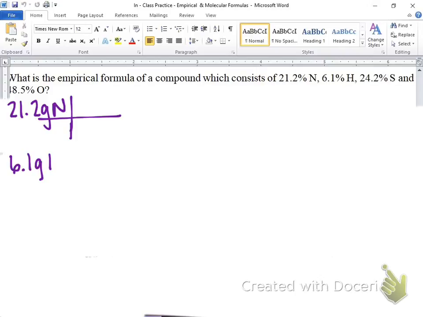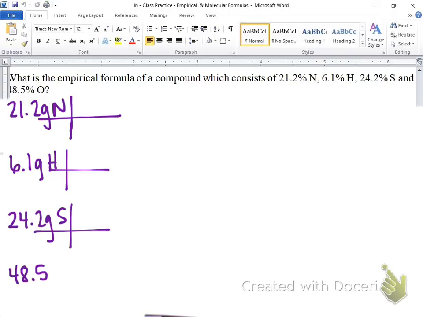6.1 grams hydrogen, 24.2 grams sulfur, and let's see, 48.5 grams of oxygen.